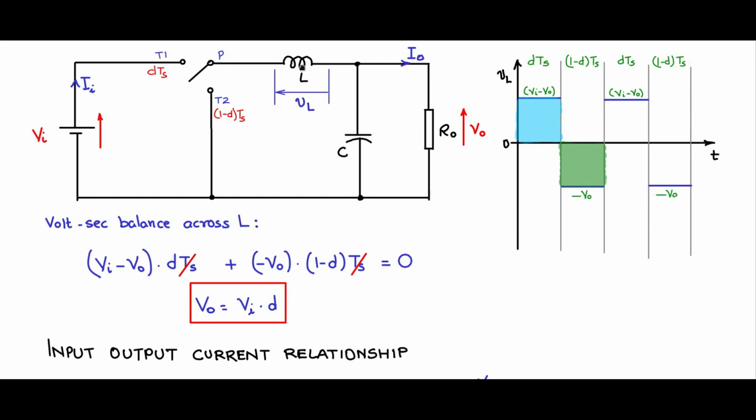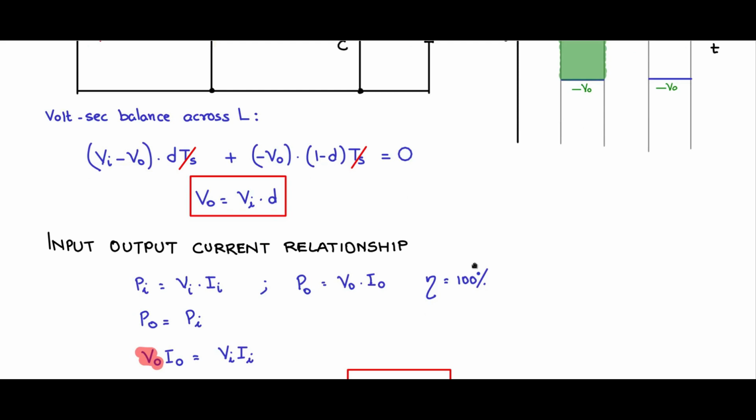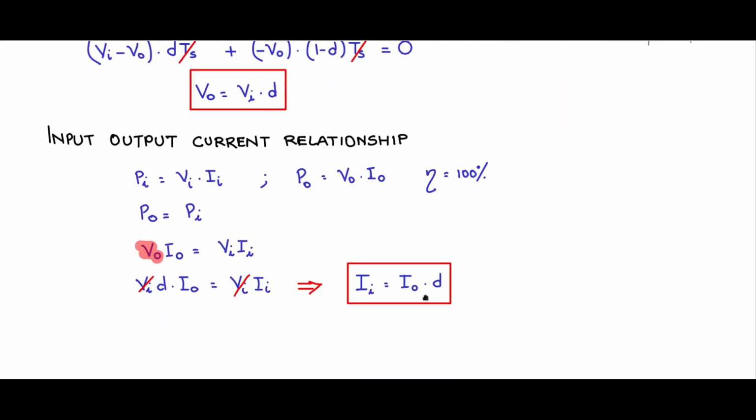Inductance is an energy storage device, no dissipation. Capacitance is a storage device, potential storage, no dissipation again. So all these components are dissipationless devices in the ideal sense. Therefore, if I take 100% efficiency, I will get this input-output current relationship, knowing the input-output voltage relationship.